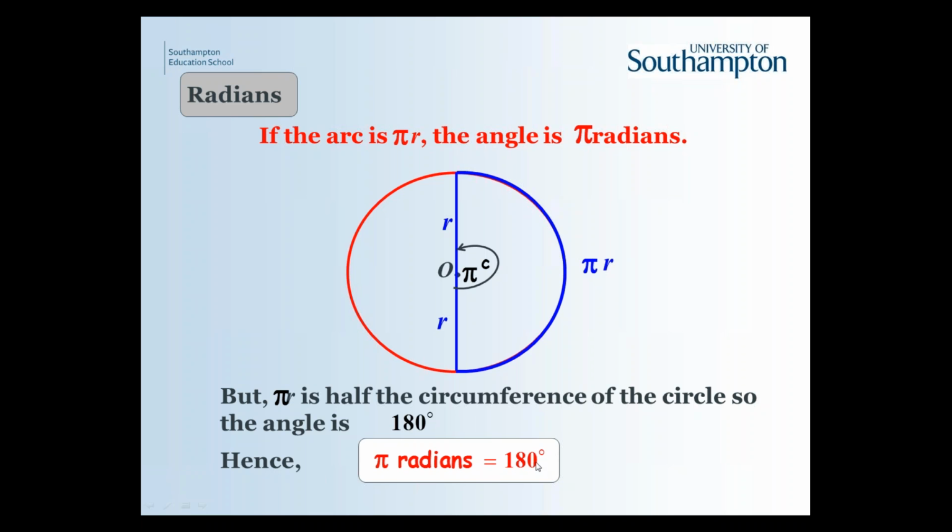Otherwise, it gets a bit complicated. And unfortunately, some of them, once they've learned this, go around replacing pi's everywhere, like in non-trigonometry things, with 180. So pi here is just a number. We're saying that 3.14 radians is the same as 180 degrees.